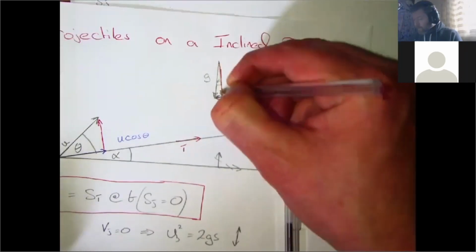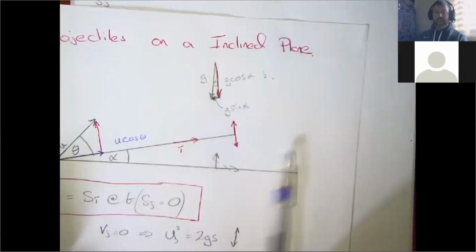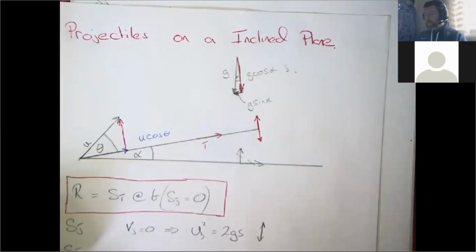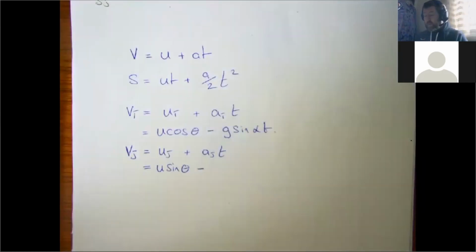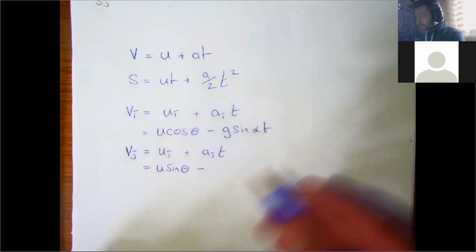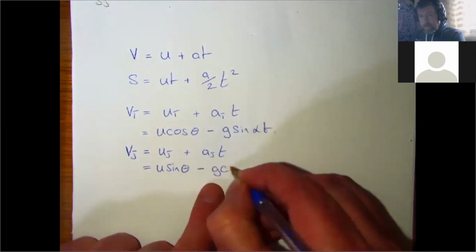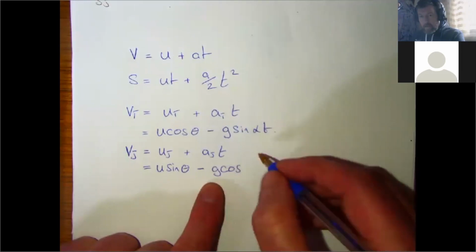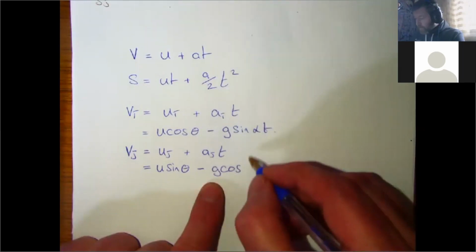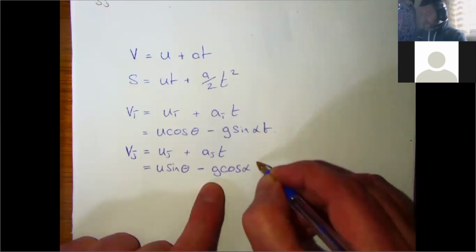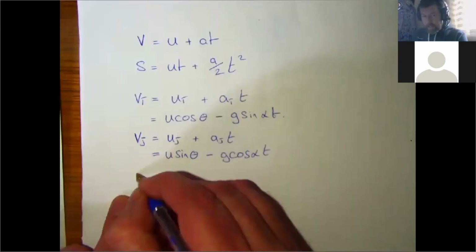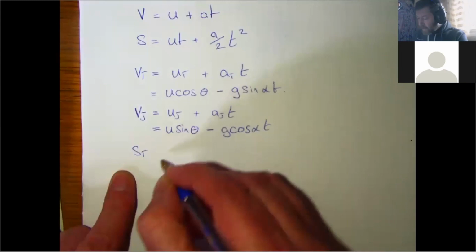Now, there is, of course, the scenario where you kick a ball down a hill. It obviously goes further than it would if it was flat, and that's because we're adding it, but that's different. So this is equal to G cos alpha times T. The S of I is very similar.